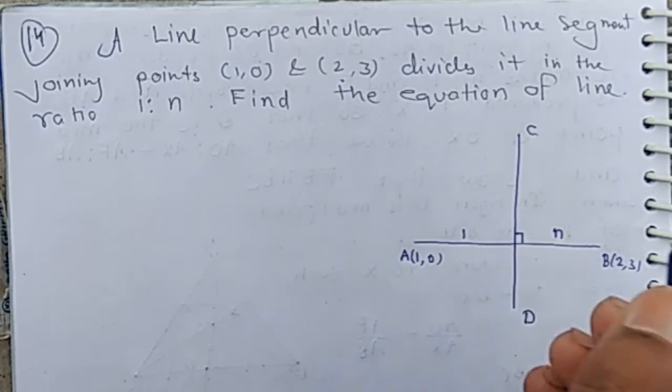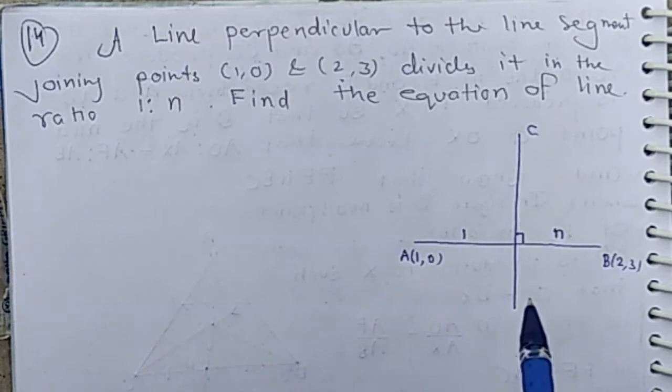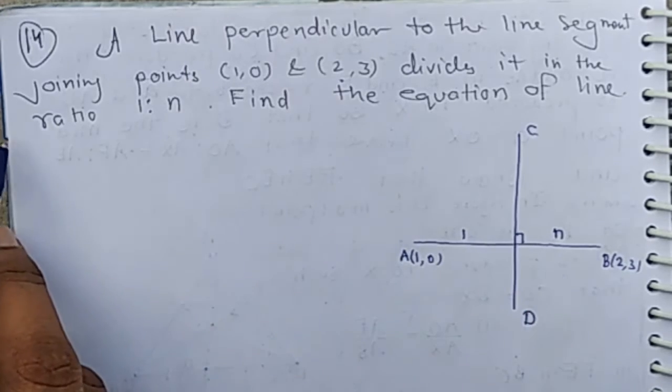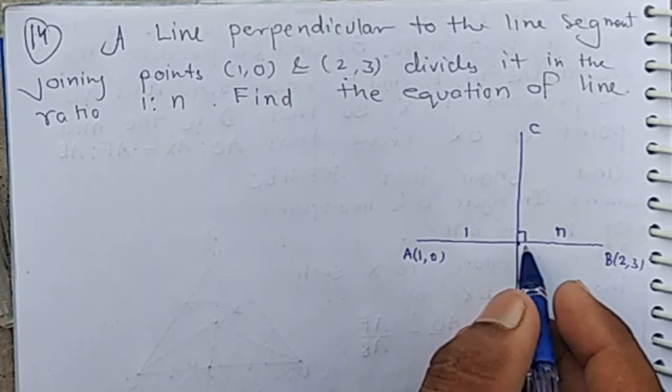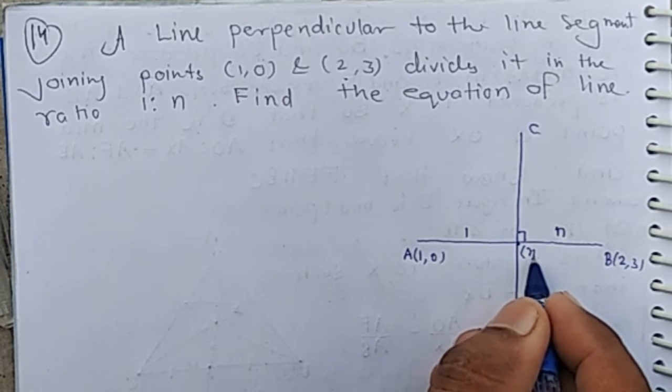Now we have to find the equation of CD. Firstly, we find this point. Let it be (x, y).